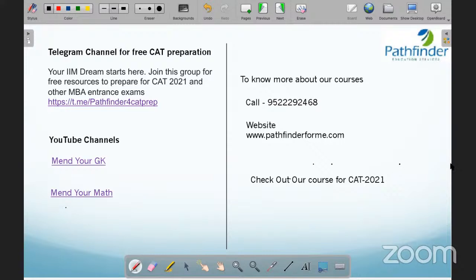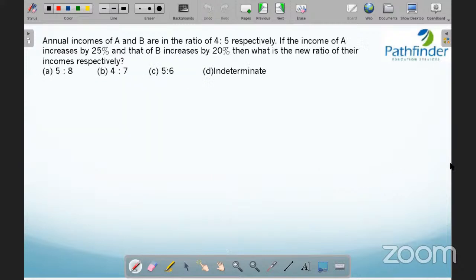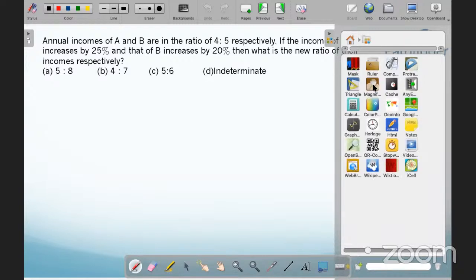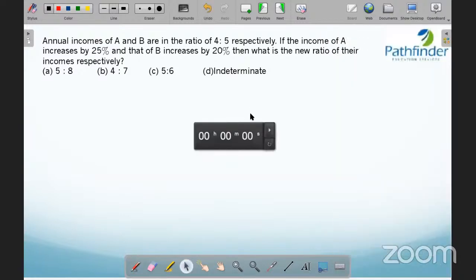In the meantime, let us get started with our first question. And as we have been doing for the last 3-4 days, I'll give you one question, and then I'll give you some 2 or 2.5 minutes to solve it.